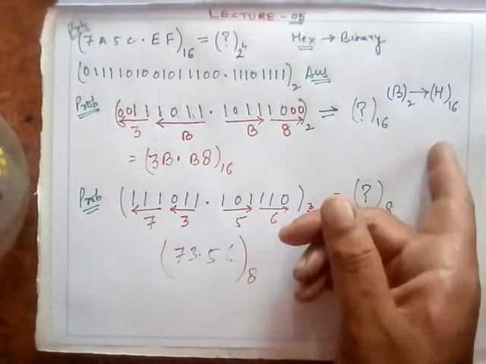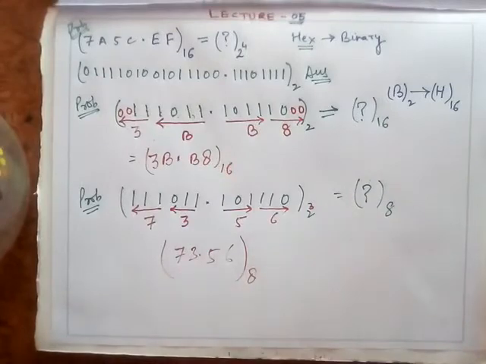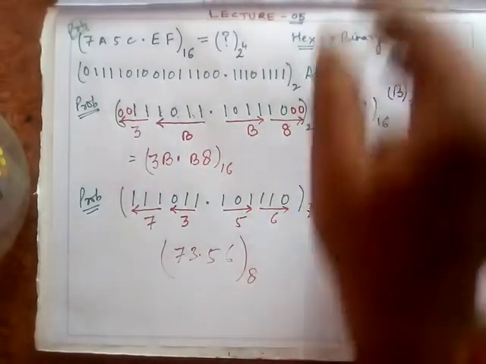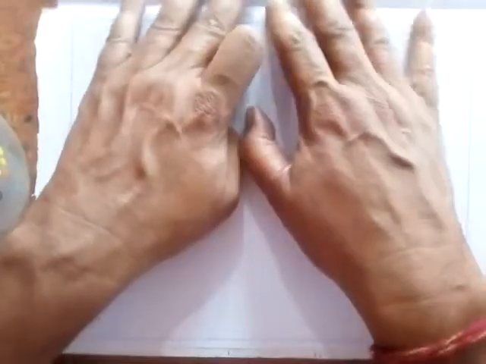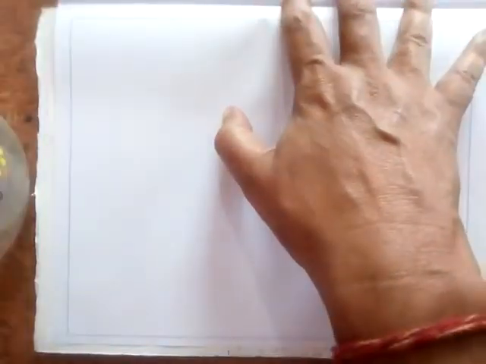So if you have to convert into base 16 or into base 8, you make a group of 4 bits and 3 bits respectively. Let's come to one more problem. I have told you how to convert octal to binary, binary to octal, hexadecimal to binary, or binary to hexadecimal.